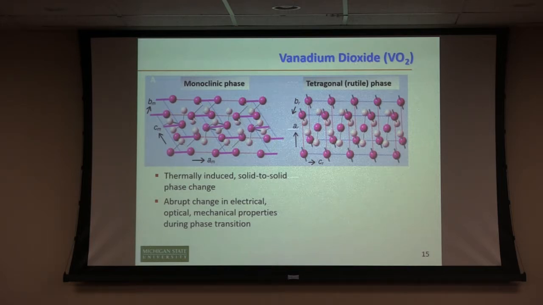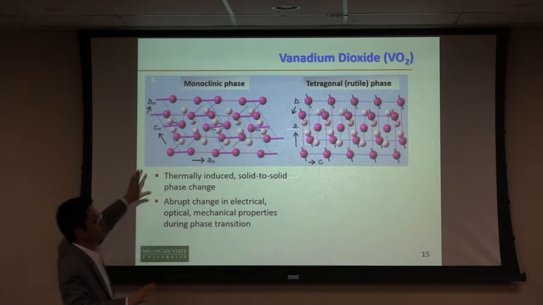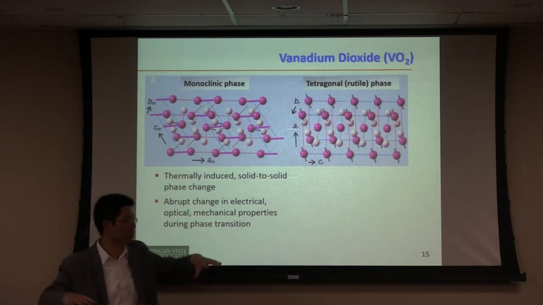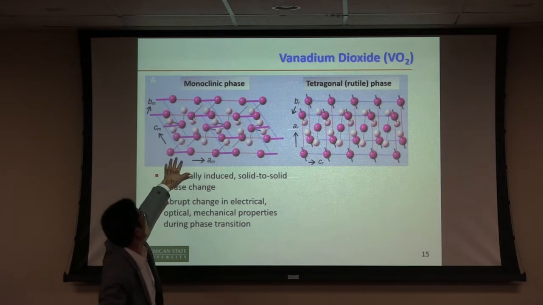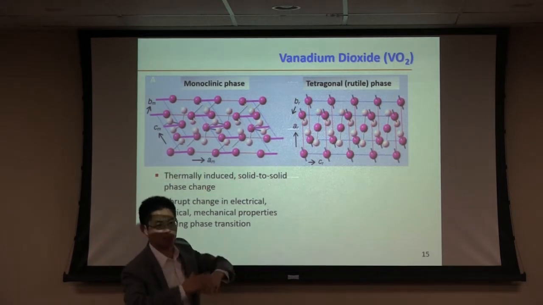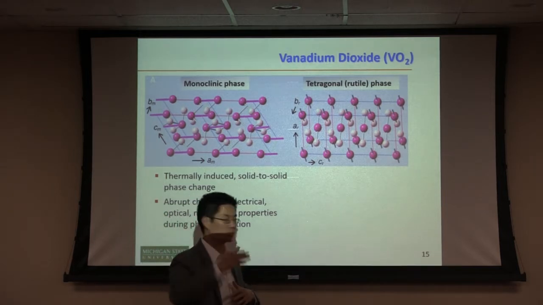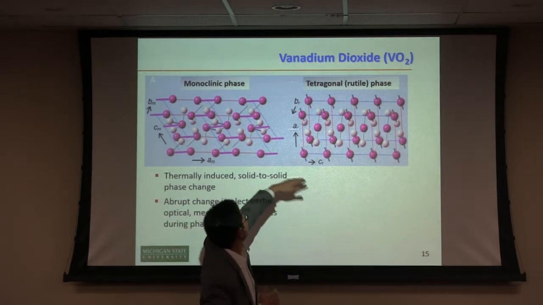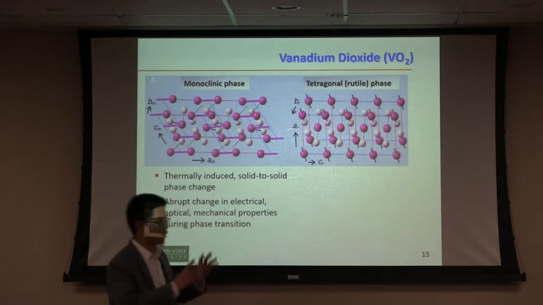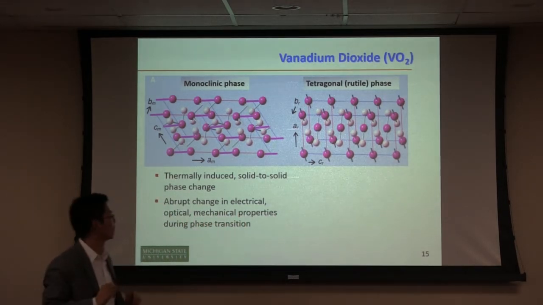So essentially, this is two phases. Just like shape memory alloys, it has solid to solid phase transition. So this is one of the phases called monoclinic phase. This is at a low temperature. At a higher temperature, typically beyond 68 degrees Celsius, you get a tetragonal or rutile phase, where everything looks more squared, right?